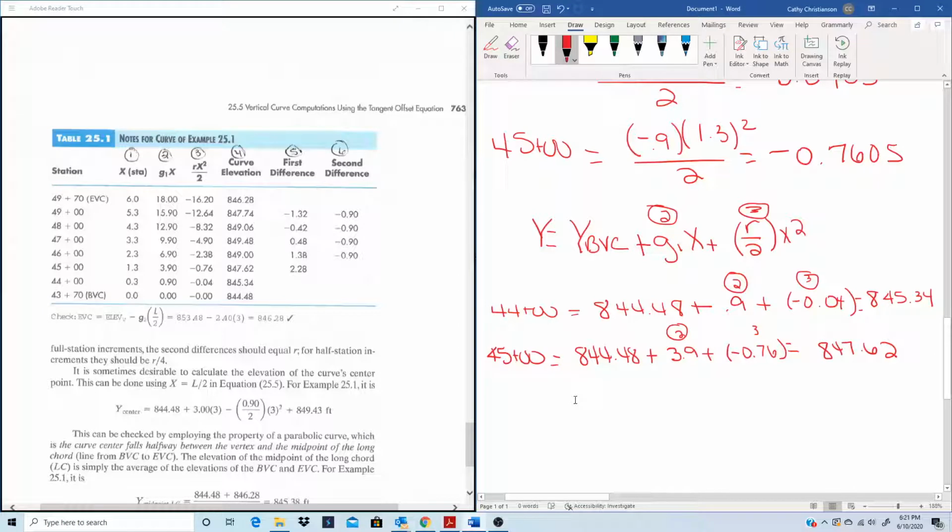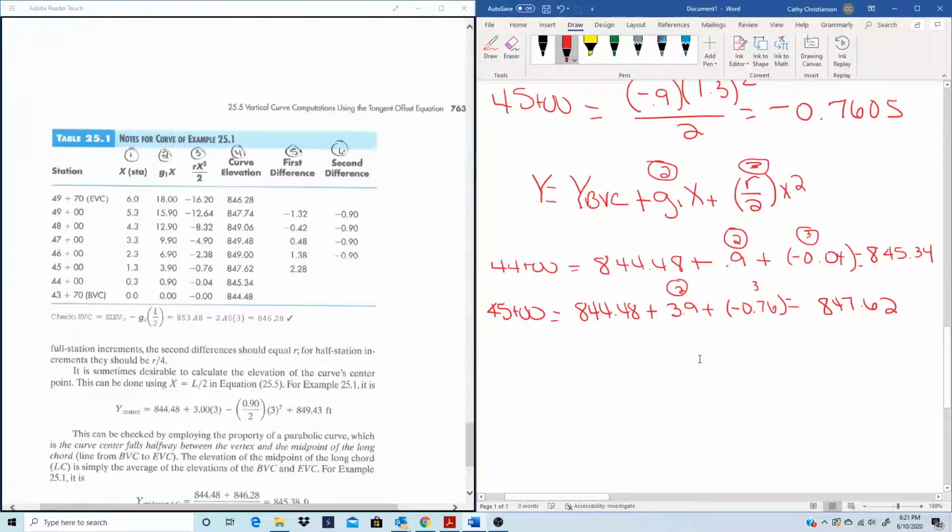And so you'd go ahead and do all of that till you get to the end. So I'm going to do the last one, which is the 49 plus 70.